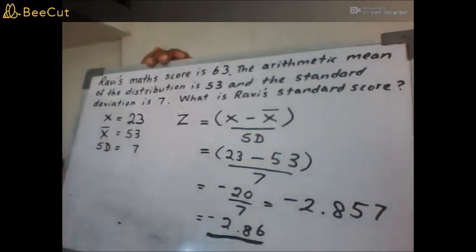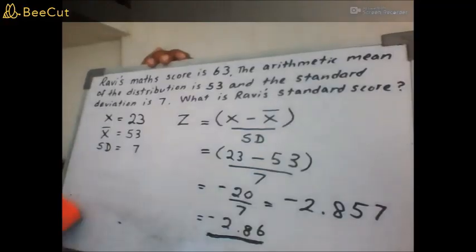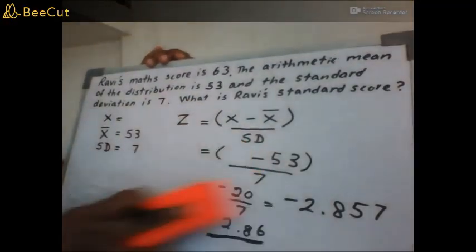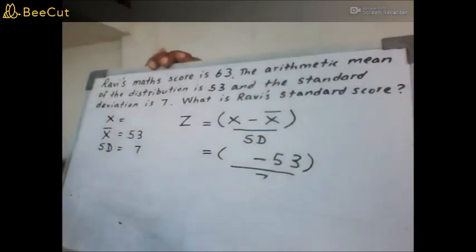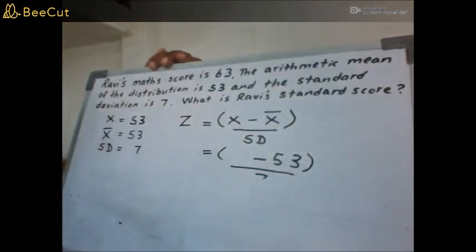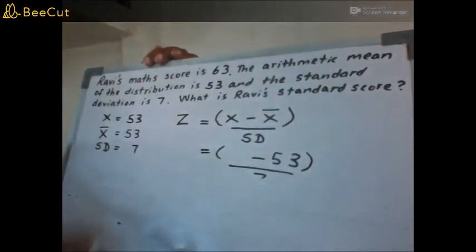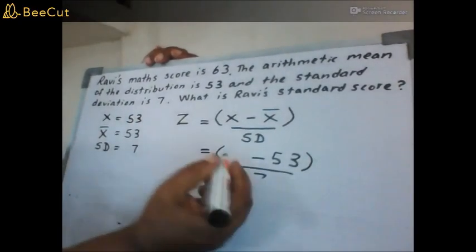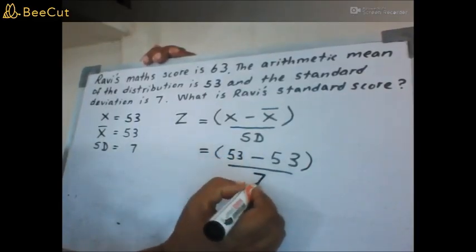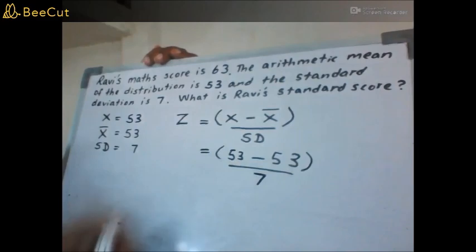Now Kuma. Kuma's mark is 53. Now we have to find Kuma's Z score. The formula is this, and here we put 53 minus 53, divided by 7, the SD.